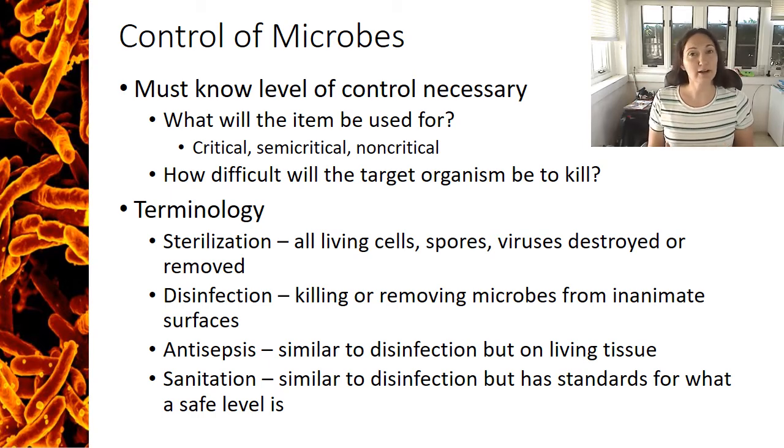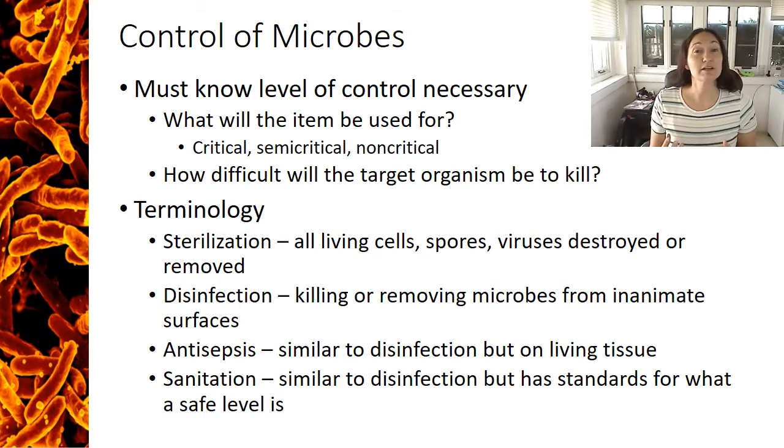If items are semi-critical, it means they're entering the body, but they're not actually breaking through the epithelial layers. So those are things like endoscopes or colonoscopes that might go into the intestine, but not actually break through into the bloodstream. Semi-critical things are typically high-level disinfected, which means we've killed and removed most of the microbes, but the endospores might still be there and there might still be a couple of microbes around.